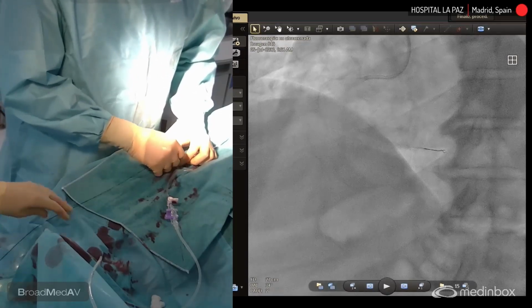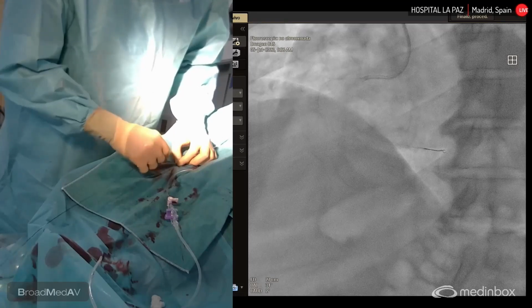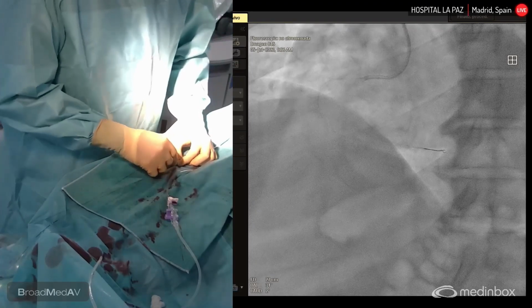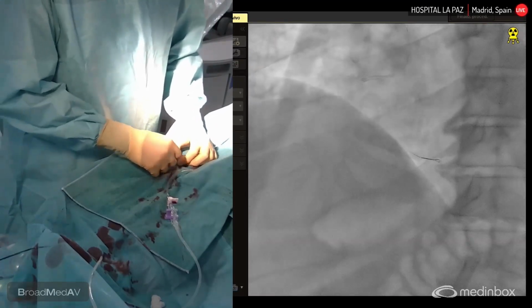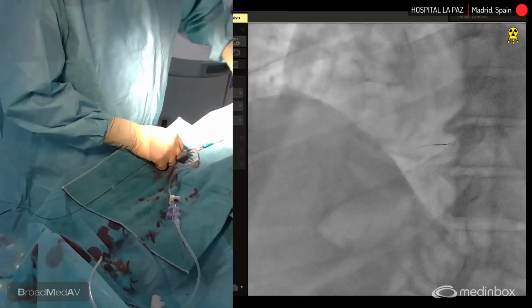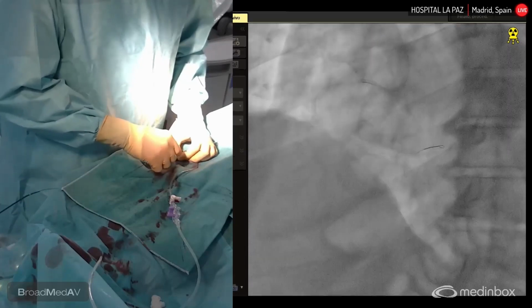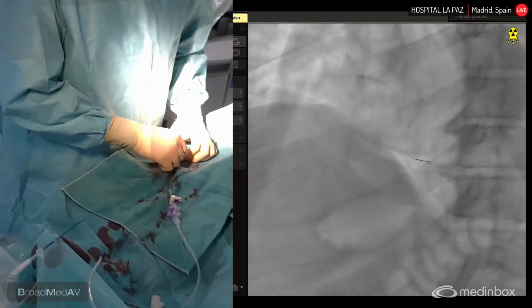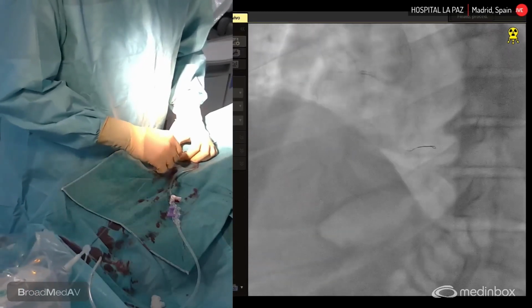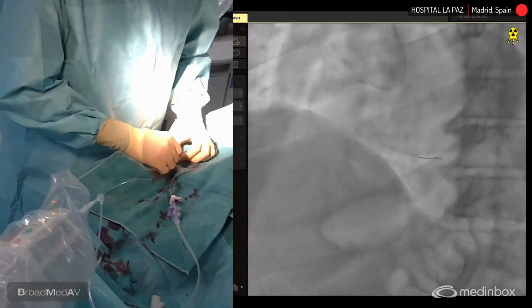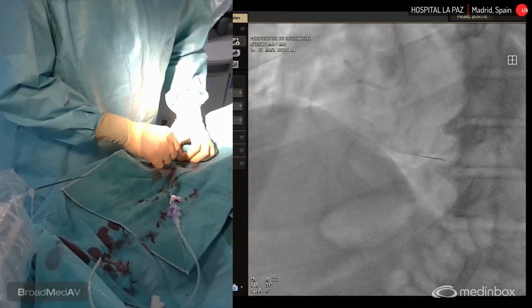And our first approach will be to perform an OCT analysis. Let's try without dilatation to obtain a better image of the lesion without modifying it with a balloon. But it's possible that if the Dragonfly catheter is occlusive, we will need to predilate.